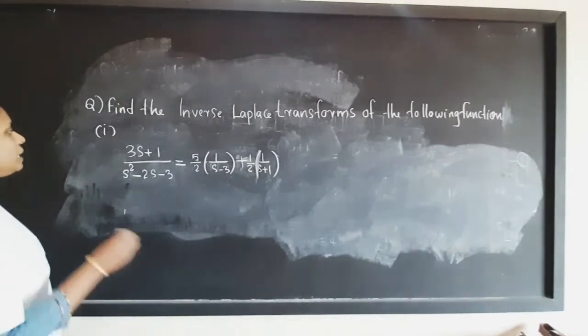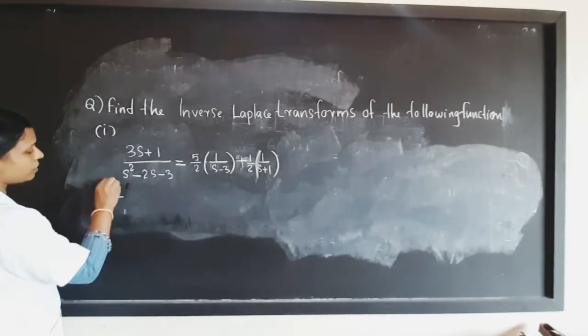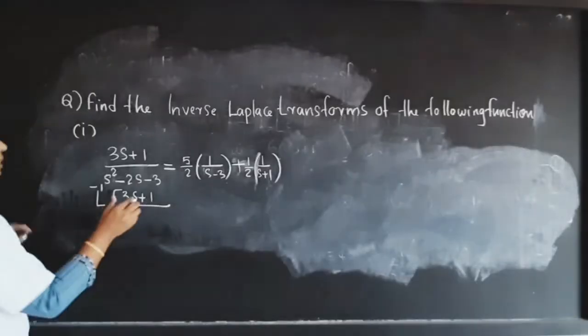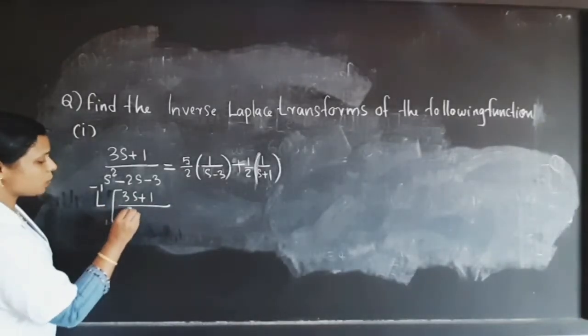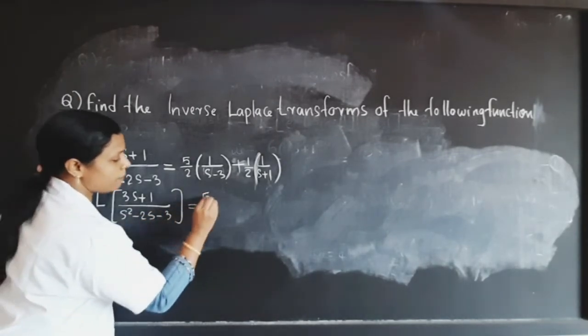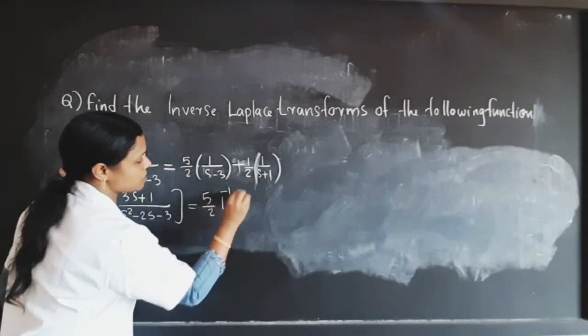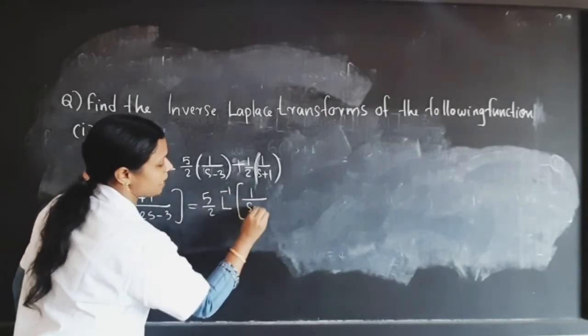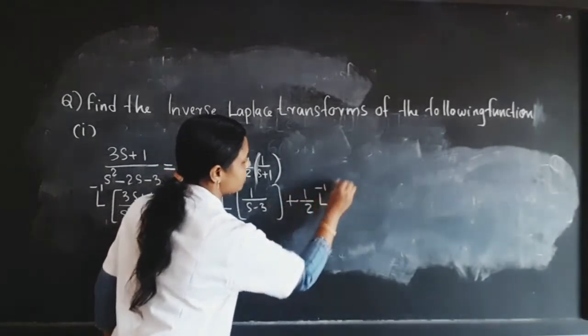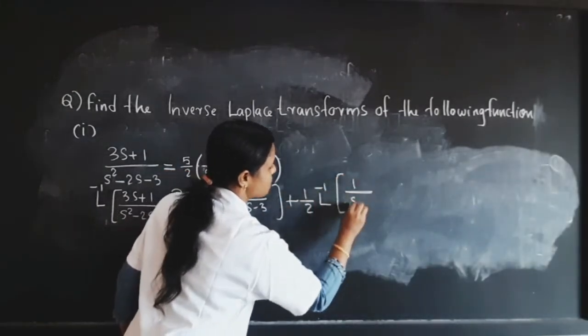Putting L inverse on both sides, we get L inverse of 3s plus 1 divided by s square minus 2s minus 3 equal to 5 by 2 into L inverse of 1 by (s minus 3) plus 1 by 2 into L inverse of 1 by (s plus 1).